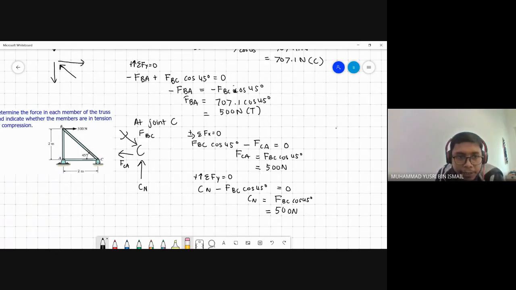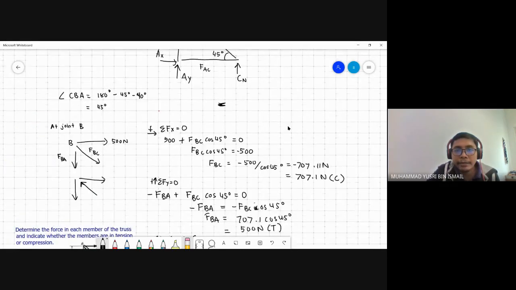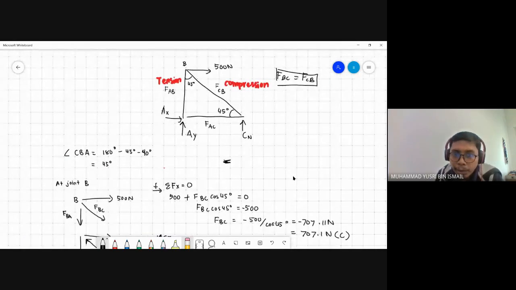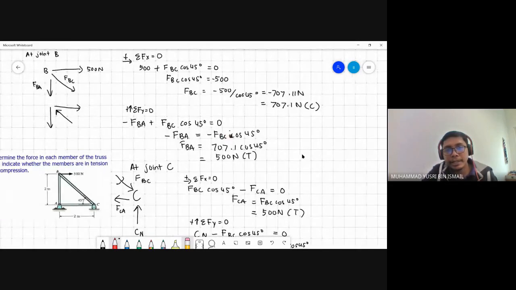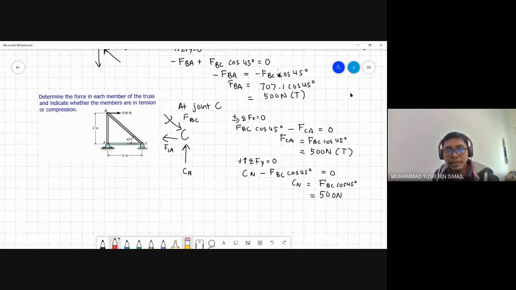And then for FCA, it is in tension. So we can include more information in our free body diagram. This is also in tension. Okay, and then we need to determine the support reaction forces.